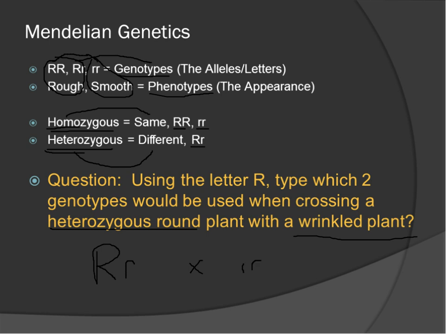Does everybody see how I got that? With a wrinkled plant, the only way something can be wrinkled is the recessive, so that's little r, little r. So Catlin, good job. You fixed it before we went over that question. But everybody else, just make sure that you know heterozygous is the big letter, small letter. Homozygous will be two of the same letters.